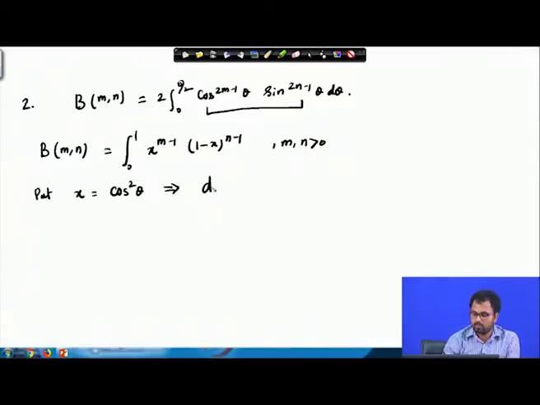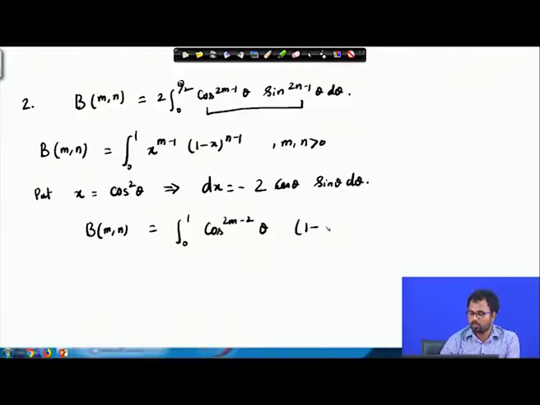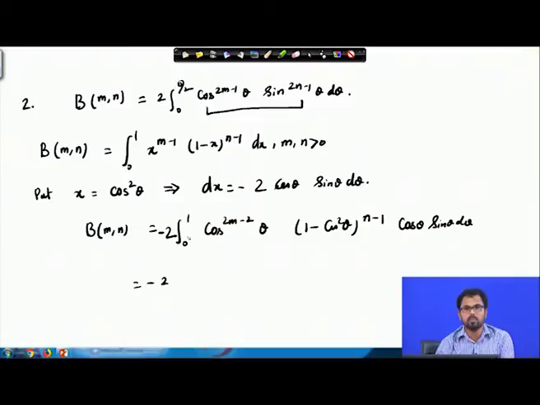Then dx would be minus 2 cos theta sin theta d theta, and therefore our beta m n will become the integral from 0 to 1 of cos to the power 2m minus 2 theta times 1 minus cos square theta whole to the power n minus 1, and then dx is minus 2 cos theta sin theta d theta. So, this will be minus 2 times the integral, and we also have to take care of these limits.